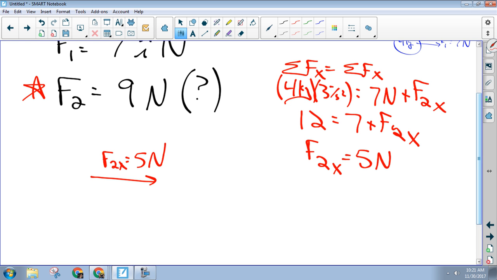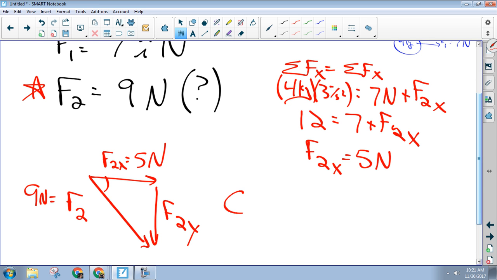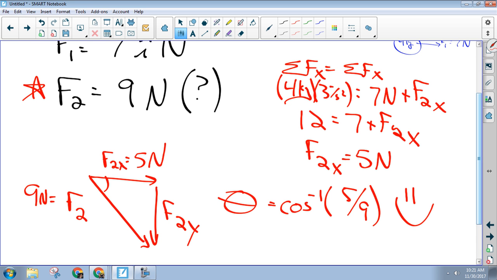So let's draw it down so that it doesn't go through where I wrote F2x. So there's F2, it's 9 newtons. Here's F2y. And now you can just do what? Inverse cosine and find your angle. Yep.